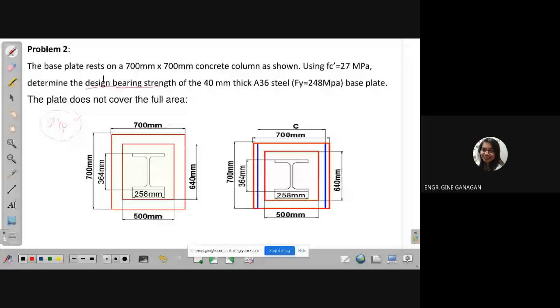So, dapat yung ating design bearing strength is greater than or equal to the ultimate load na nakuha natin doon based on bearing pressure on support and then based on the bending stress on our base plate. So, kailangan greater than sa both. Hindi pwedeng yung isa lang. So, i-compare natin, tapos yung smaller, yun yung kukunin natin.